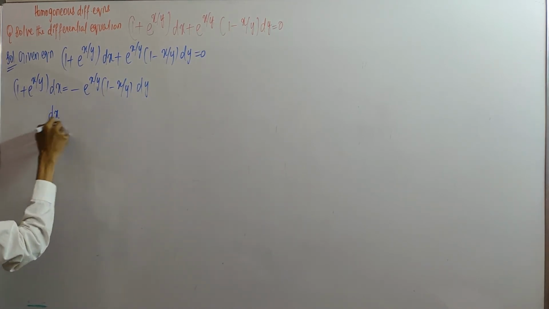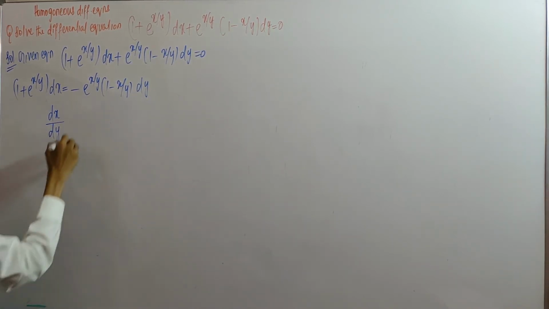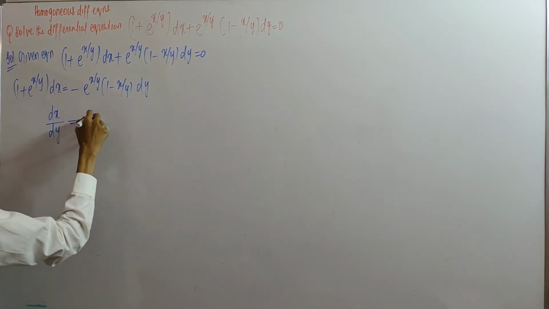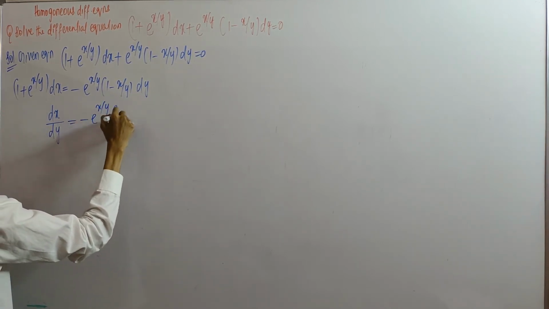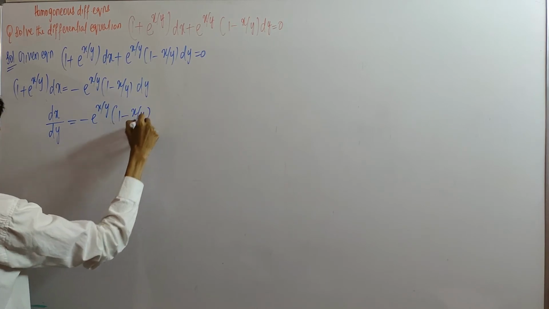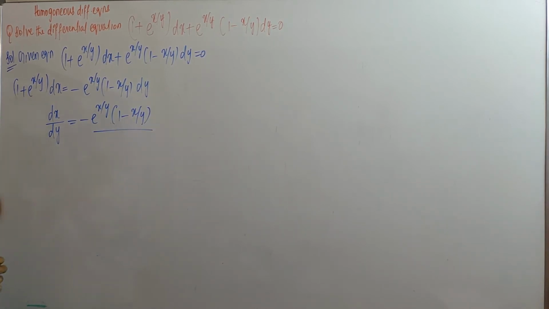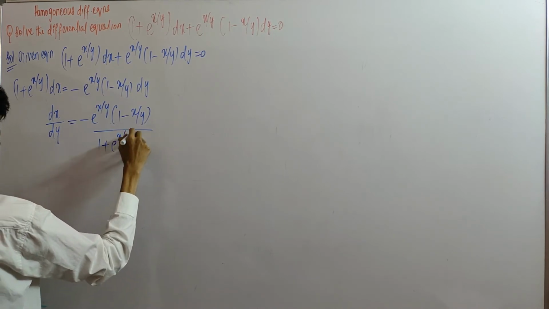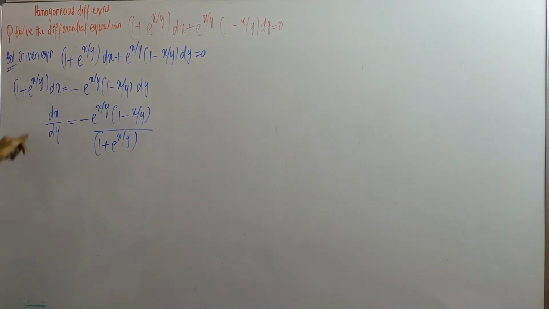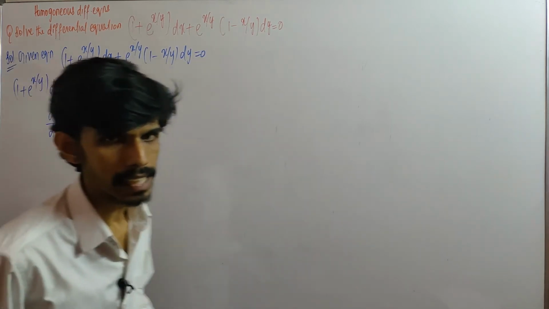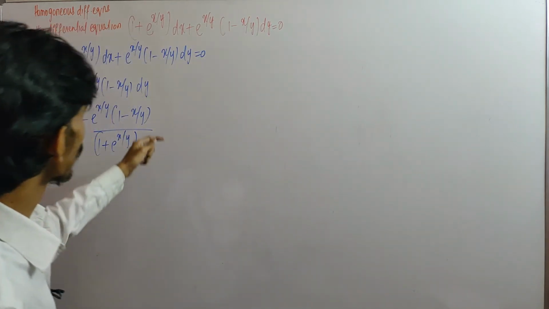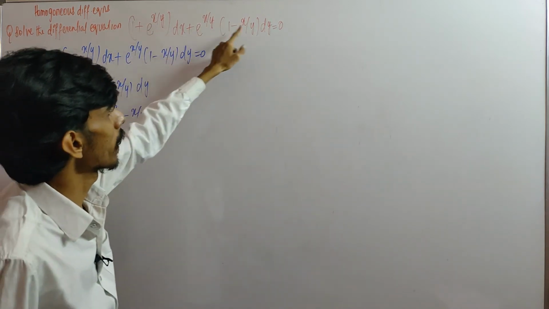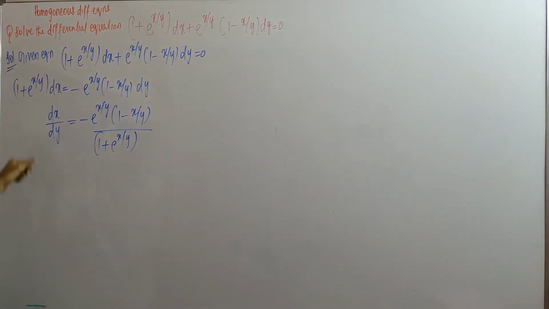Here I'll get dx by dy is equal to minus e power of x by y into 1 minus x by y upon, take this to the denominator, 1 plus e power of x by y. We got dx by dy instead of dy by dx, since the given equation has x by y everywhere. That's why we have taken dx by dy.